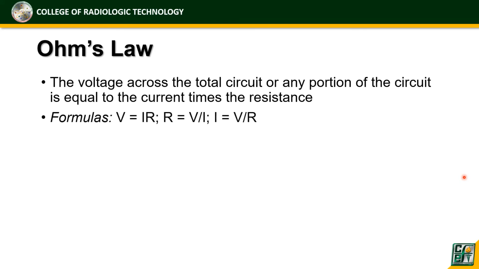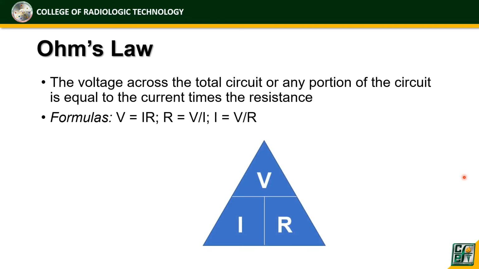So the formula is V equals IR, or kapag resistance ang hinahanap, R equals V over I. Kapag current ang hinahanap, which is I, equals V over R. Or simply follow the Ohm's law triangle. So again, the letter I corresponds to the electric current or current, V to the voltage, and R to the resistance.